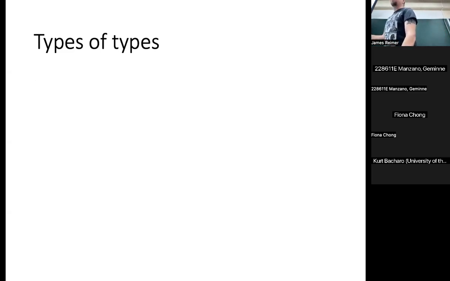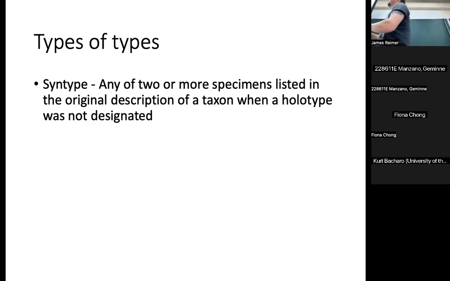There's another one out there called syntype. A syntype is a solution for a problem. A long time ago, before 1999 or before 1961, some people would make a species and they wouldn't say what the holotype was. They would just say, here's a new species, here's a list of specimens. But they didn't point the finger. They didn't say, this one is the holotype.